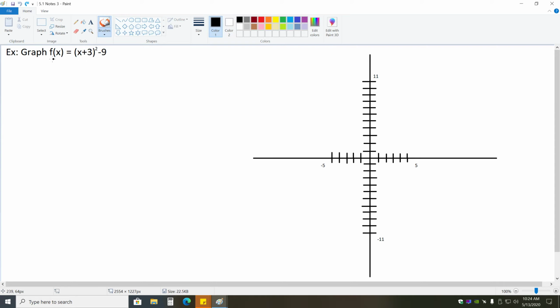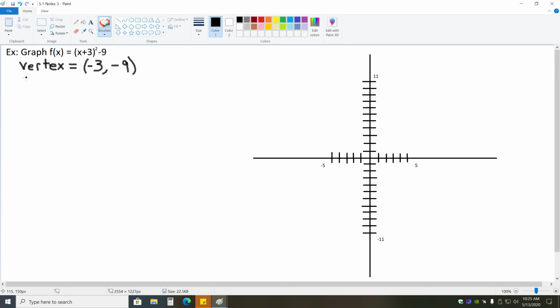Instead, we can immediately jump to finding the vertex. And remember, the vertex is located at h, k, and h is always the opposite value of what's with the x. So instead of positive 3, we have a negative 3 for h, and k is negative 9.